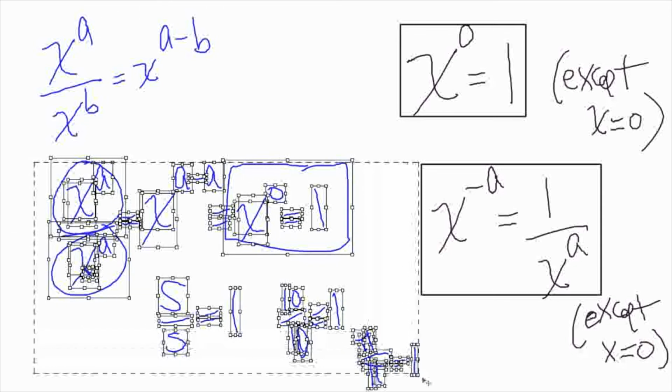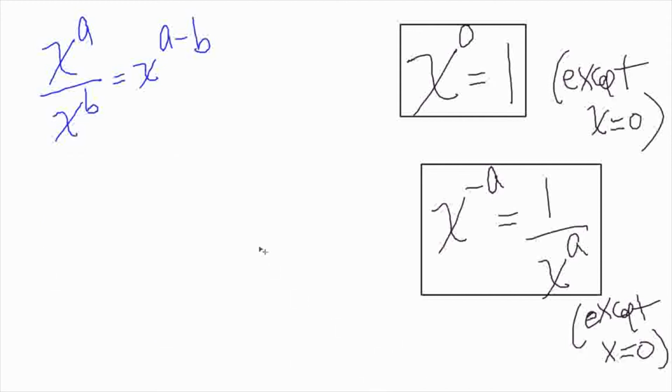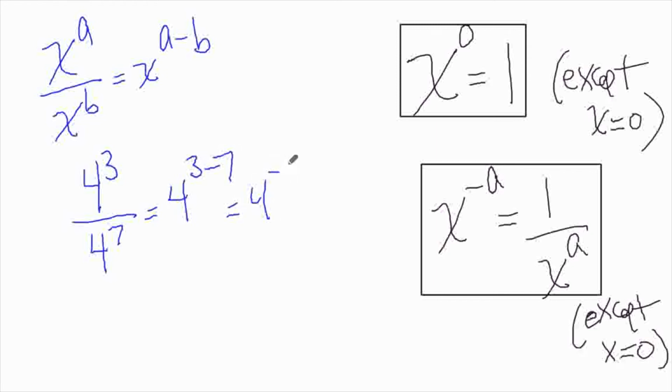This time let's assume that b is bigger than a. Maybe a number would be a better way to go. So 4 to the 3 divided by 4 to the 7. According to the quotient rule, this is equal to 4 to the minus 4. Now forget about exponents for a second.